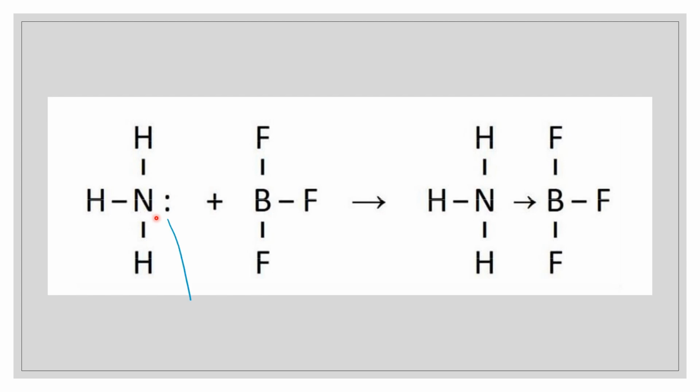So in this case, ammonia will be known as electron pair donor kerana nitrogen masih ada extra electron here, and boron in BF3 is known as electron pair acceptor kerana boron has no more electrons tapi dia masih ada vacant orbital yang kosong yang boleh menerima elektron.